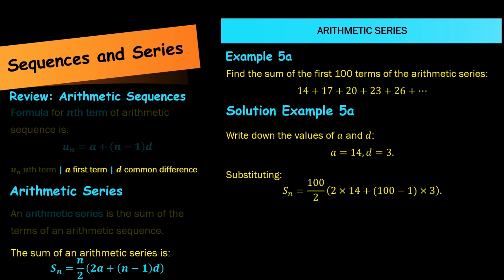We can now substitute the values for n, a and d into the formula for s subscript n. So we have that s subscript n, or s subscript 100 if we want to be more accurate, is equal to n, which is 100, divided by 2, multiplied by, in brackets, 2 times a, which is 14, plus n minus 1, which is 100 minus 1, times d, which is equal to 3.